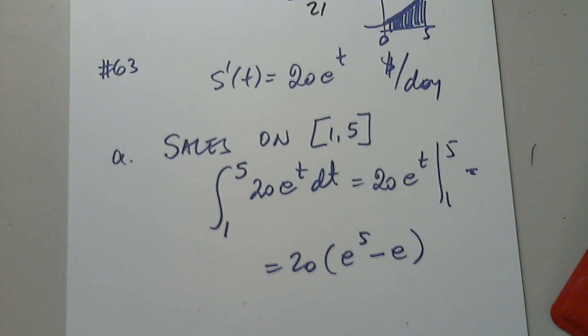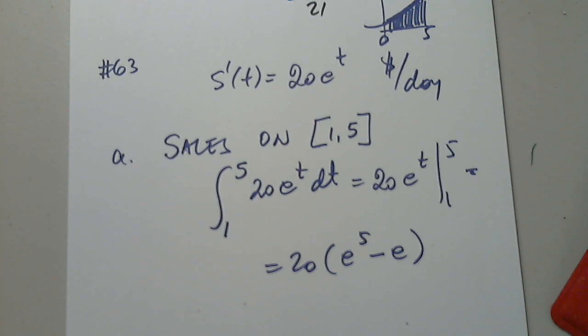So you can approximate, or you can just use 9, again, the integral, and this is from 1 to 5. And this is from 20 e to t. Where is my e to t? E to t, and of course dt, but I don't have t in the calculator, I have to use x.